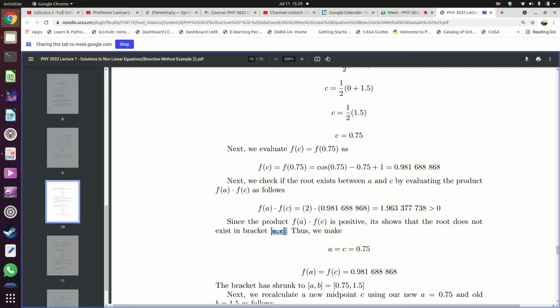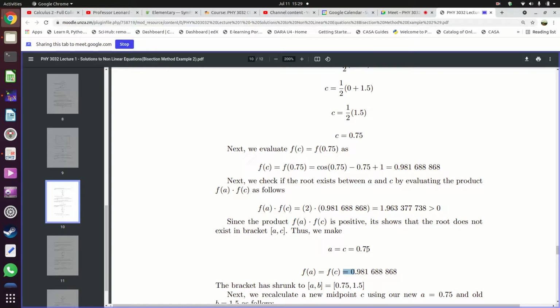Very clear. Since the function has not yet cut the x-axis, we can shrink A. We can move A up so that C becomes A. So we shift our boundary a bit up. Our A becomes 0.75, and f of C now becomes f of A, which is 0.981688683.